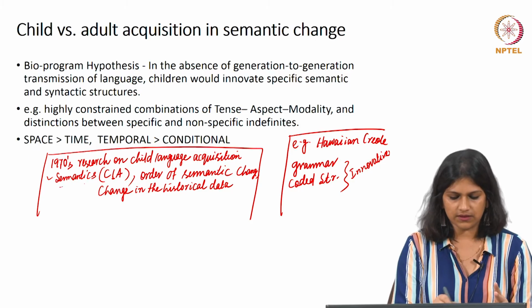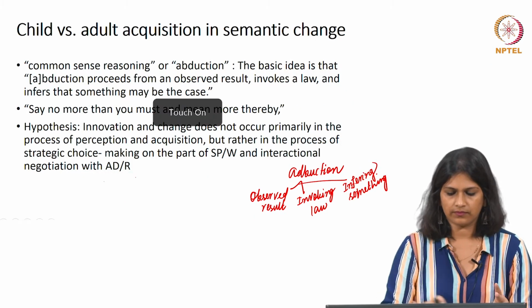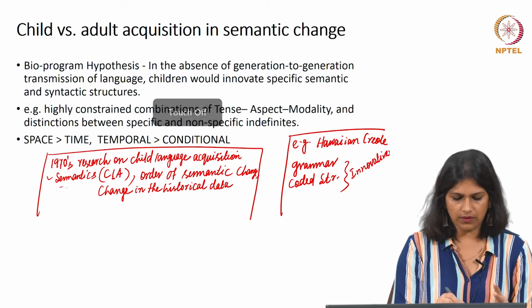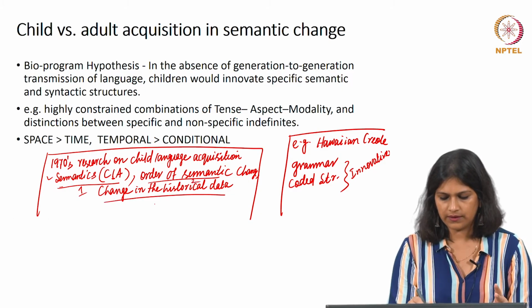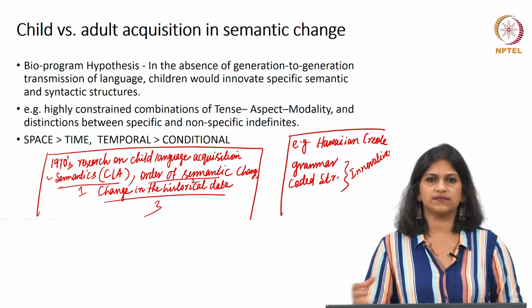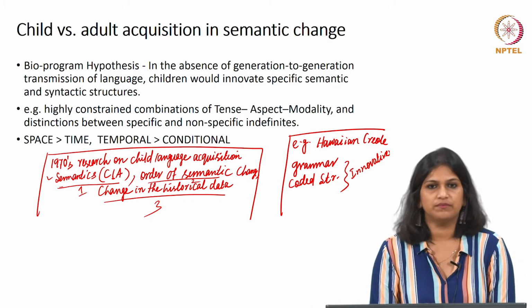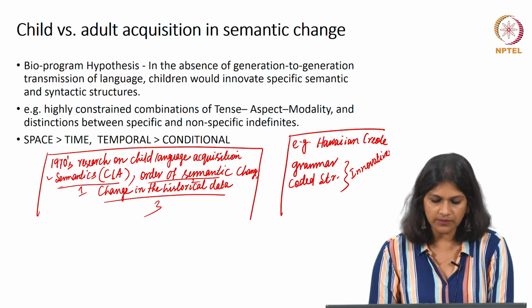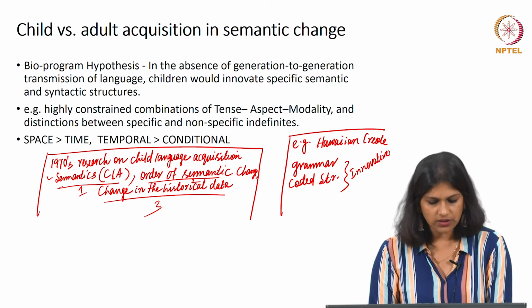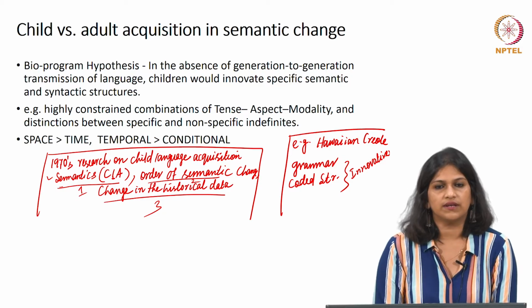So, these are things 1, 2 and 3. You can actually find a match among these three: the semantics of child language acquisition, the order of semantic change, and the change in the historical data.